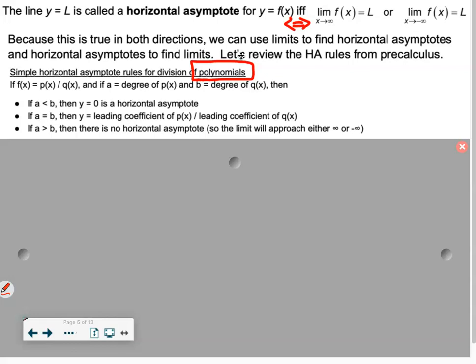Polynomial is x's to powers being added together, right? So like if I had x squared minus 3x plus 2, that's a polynomial.